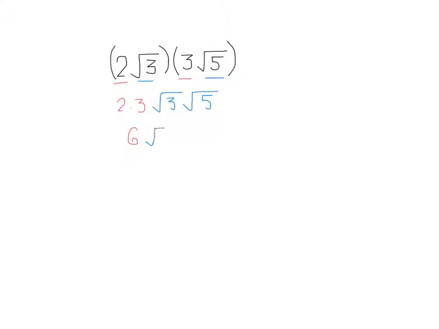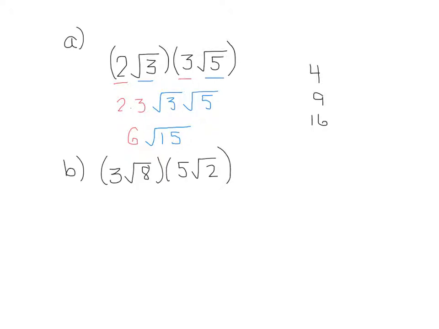Root 3 times root 5 is root 15. That cannot be simplified using the methods we've learned about previously because there are no perfect squares like 4 or 9 or 16 that divide evenly into 15. So that's our final answer there on part A of example 1.